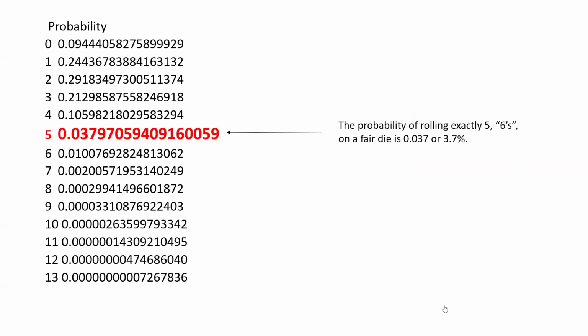So this is the output within the R console. We have to count to 5: 0, 1, 2, 3, 4, 5. And this right here is the probability figure. So the probability of rolling exactly 5 sixes on a fair die is 0.037, and then you have to multiply that, move the decimal point over 2 places, and we get 3.7.